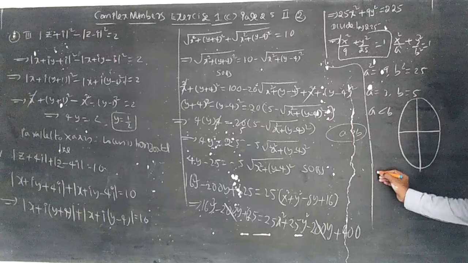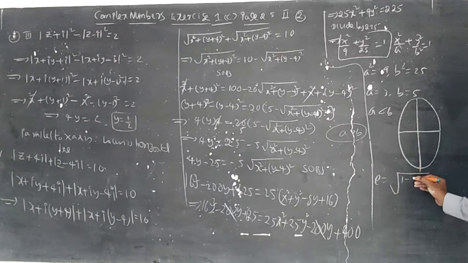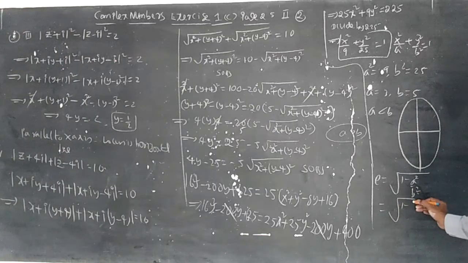So here e, e means eccentricity, is equal to root of 1 minus a square by b square. Original formula is b square by a square, but for inverted ellipse it is a square by b square. 1 minus small by big, that is equal to 4 by 5.